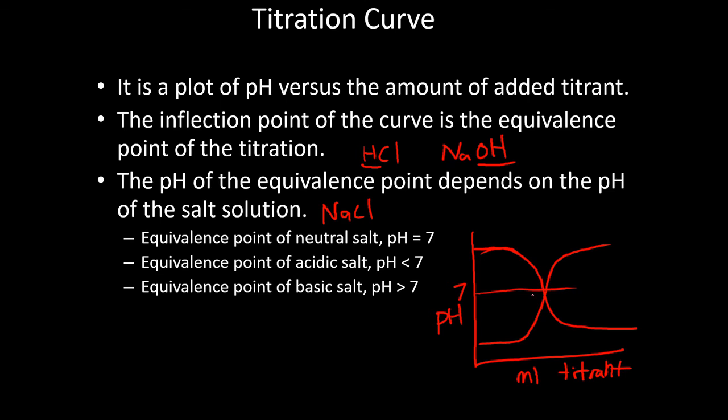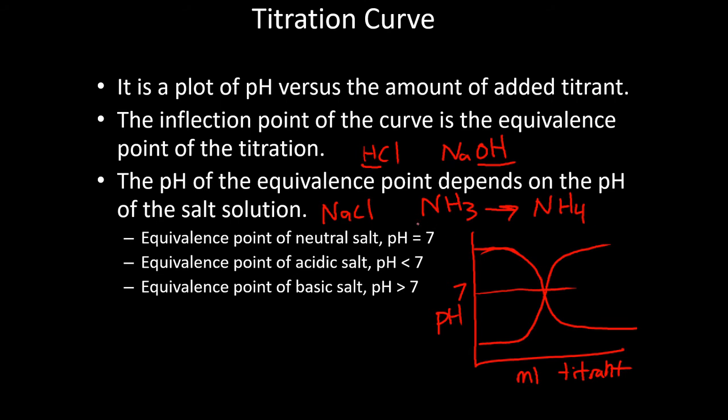Now if on the other hand we are using either a weak acid or a weak base. So if, for example, we were titrating ammonia, when we titrate this with a strong acid, we turn this into ammonium. And ammonium is a weak acid.